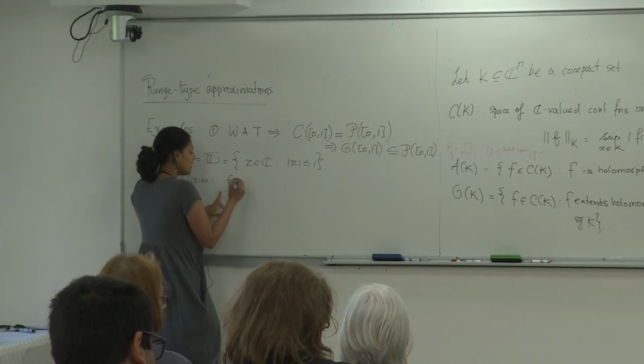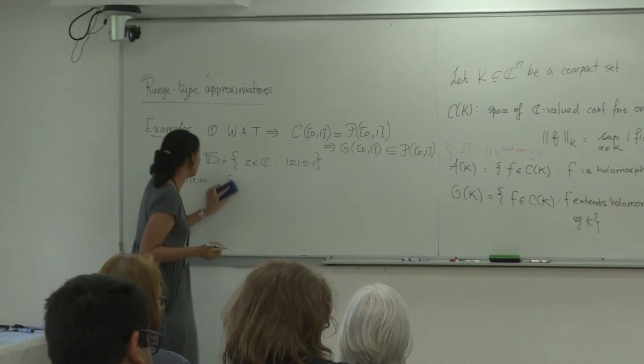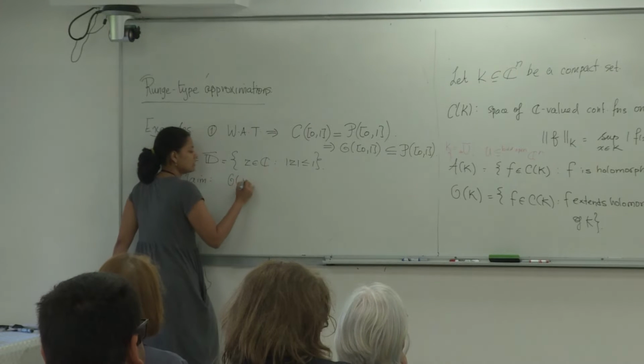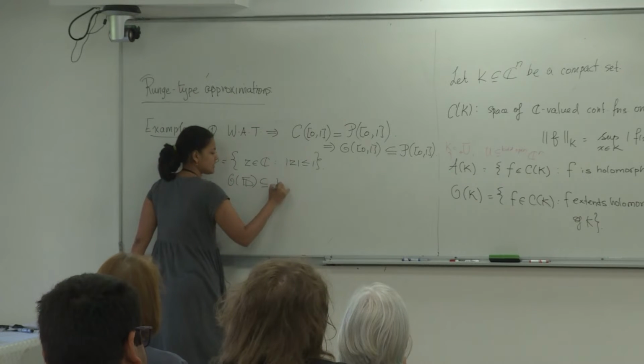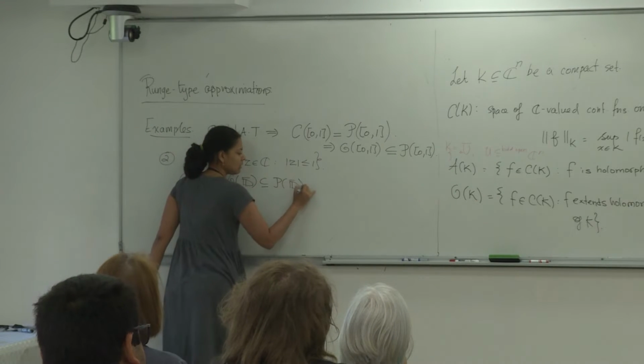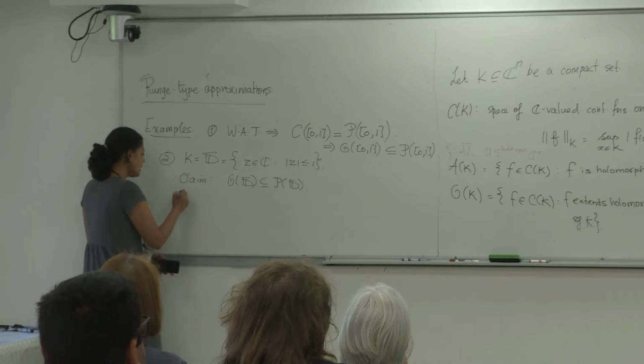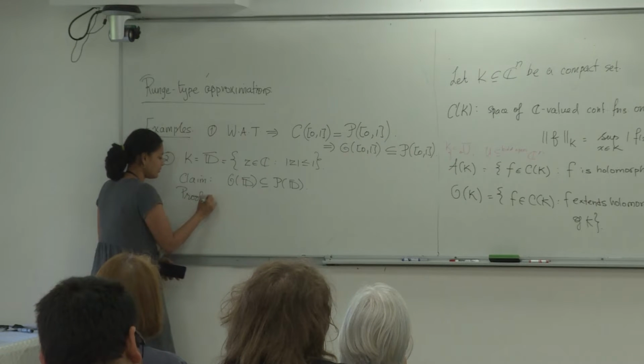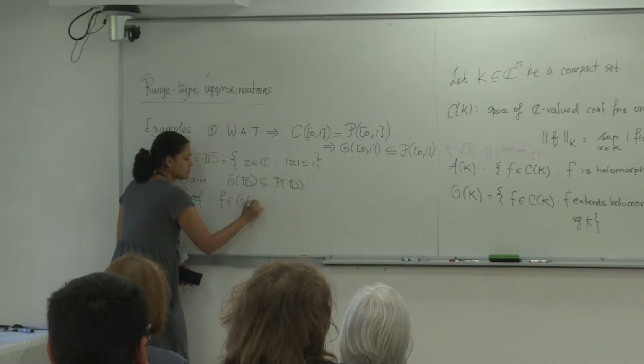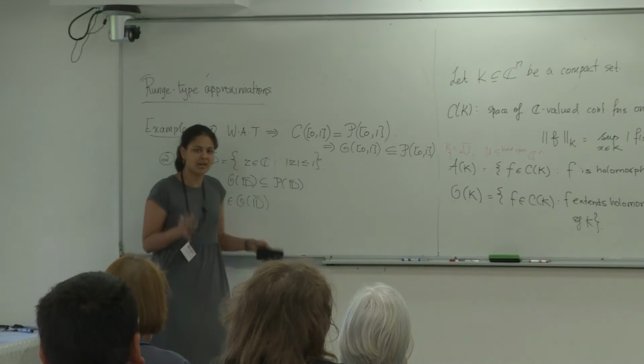All right, so what is my claim over here? My claim is really that O of D closure is in fact sitting inside P of D closure. What does this mean? Here's a sketch of the proof. I take a function which is holomorphic on D closure. What does that really mean?